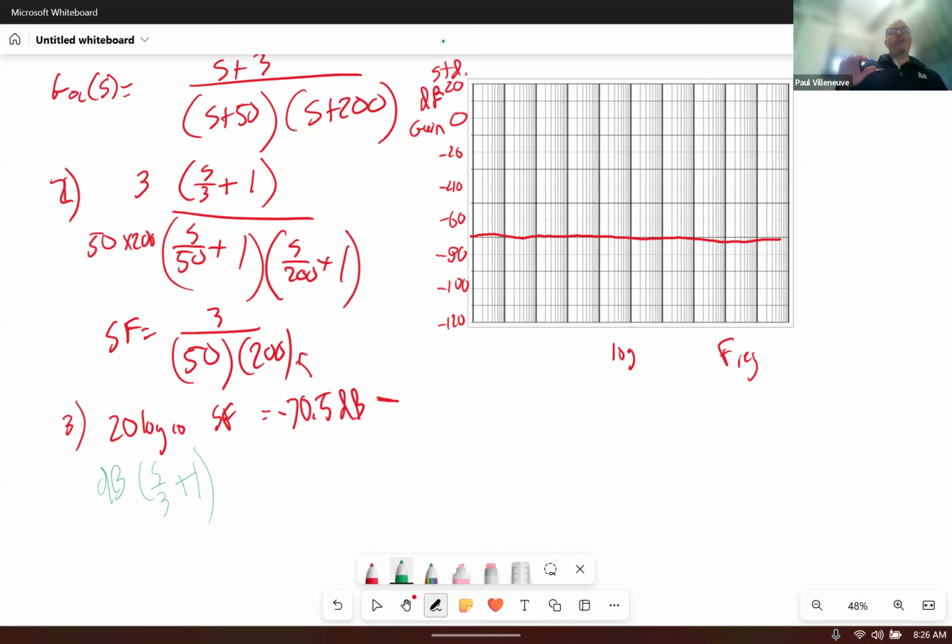Once it hits the break frequency, it goes up at 20 dB per decade. So when something contributes nothing, what is another way of saying that? 0. So this is perfectly flat here until it reaches 3 dB.